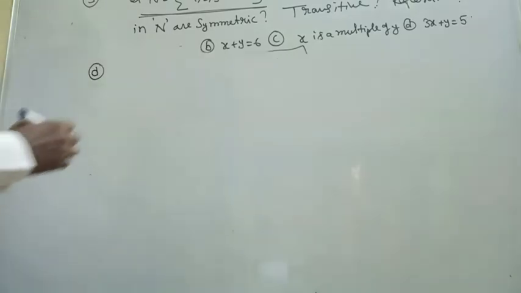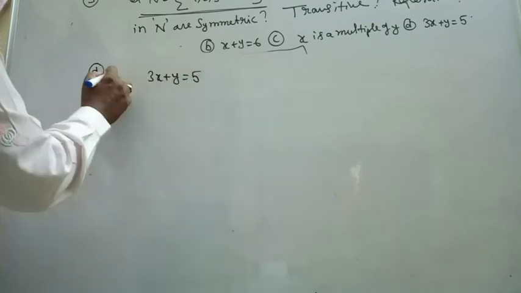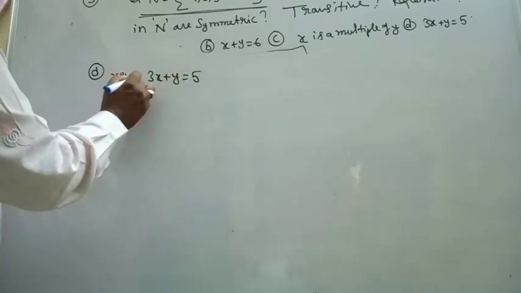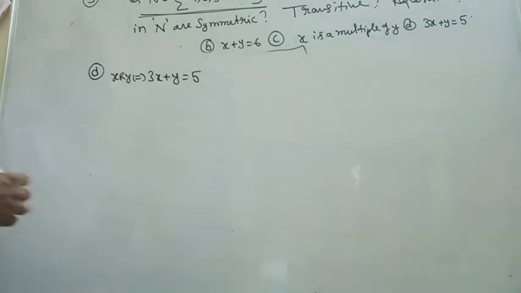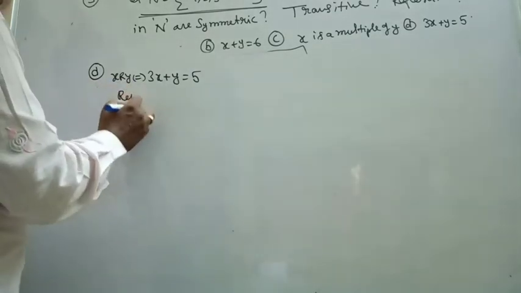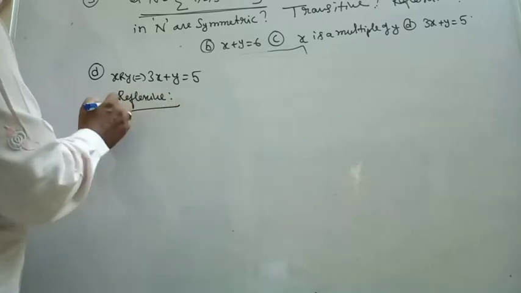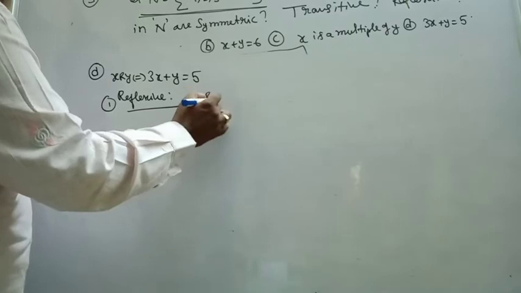Now we have option d: 3x plus y is equal to 5. X is related to y means 3x plus y is equal to 5, right, my dear students? Let us see whether it is reflexive or not. X should be related to x.